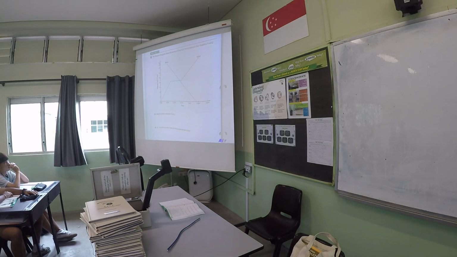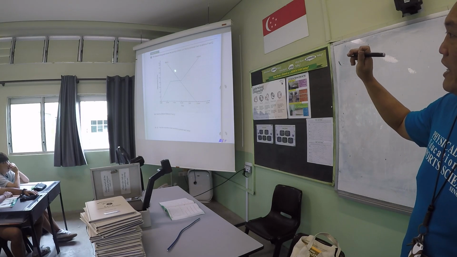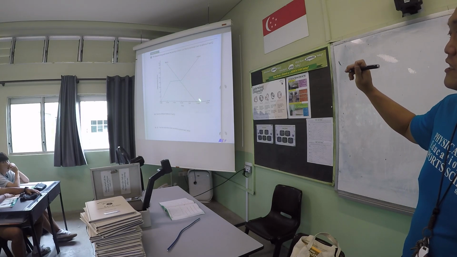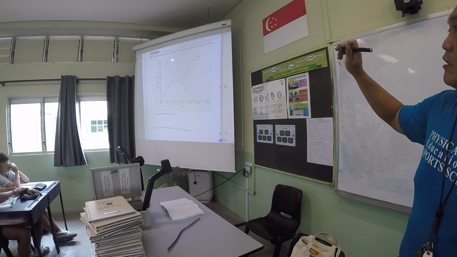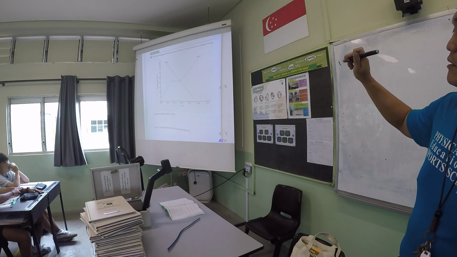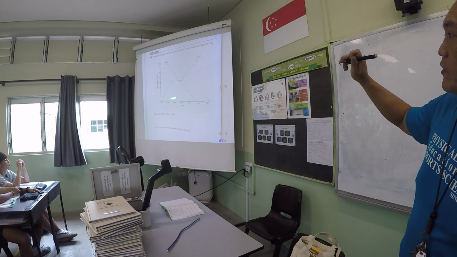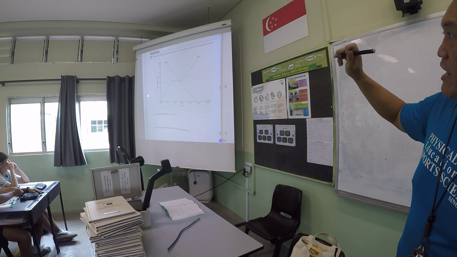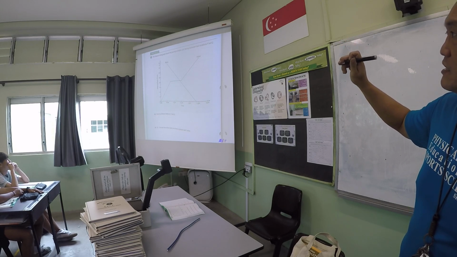Let us look at the graph and try to understand what the graph is saying first. This line is Benny, where Benny is at the different time. My x-axis is the time, my y-axis is distance.